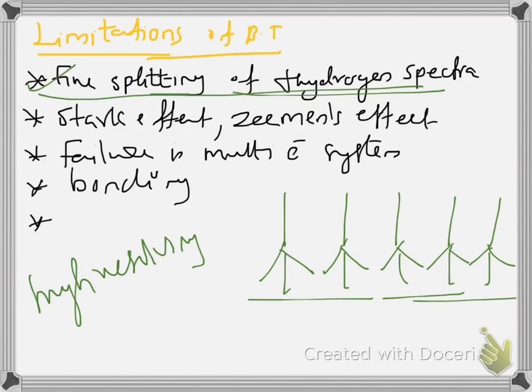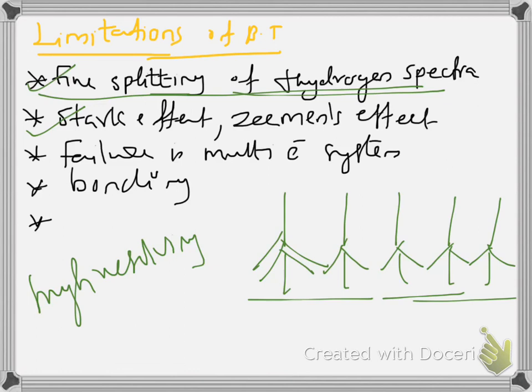When we apply electric field perpendicular to the spectra, they undergo splitting. Such splitting is called Stark effect. What is Stark effect? It is the splitting of spectral lines under the influence of electric field.